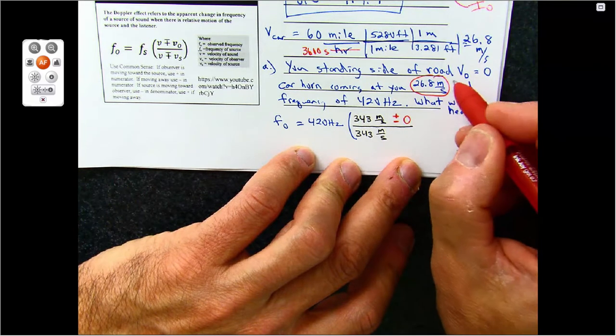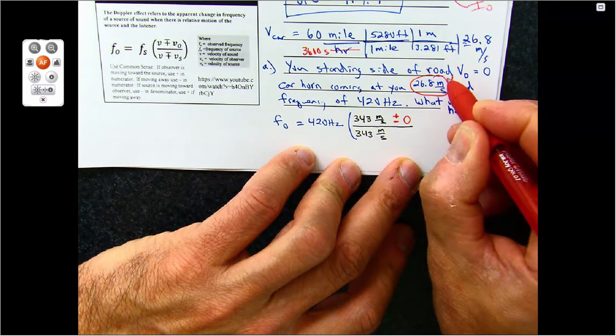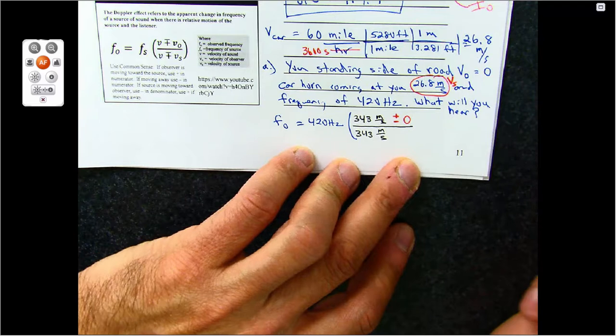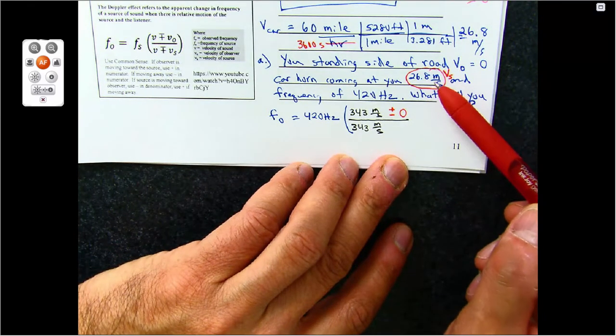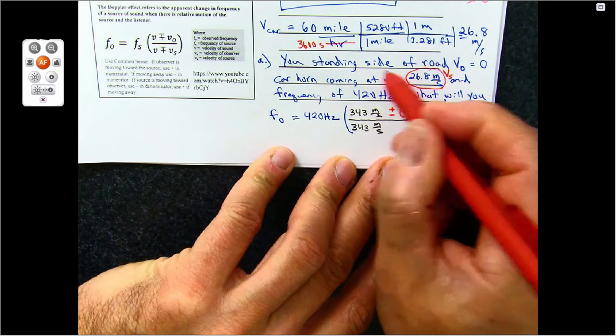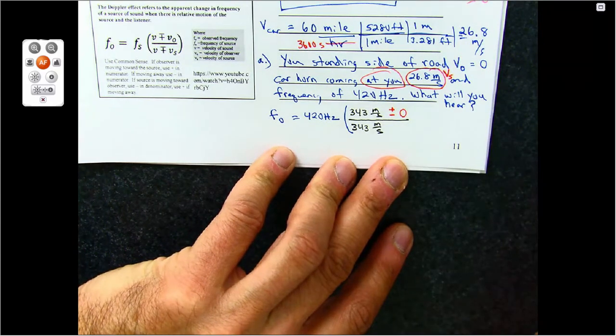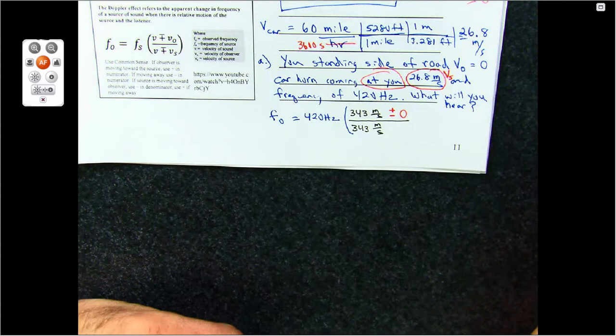That is the velocity of our source, right? Now, if this source is coming at you, should you hear a higher frequency or a lower frequency? You should hear a higher frequency.